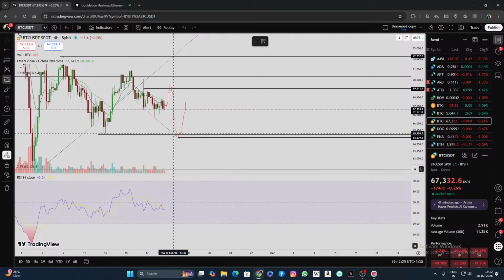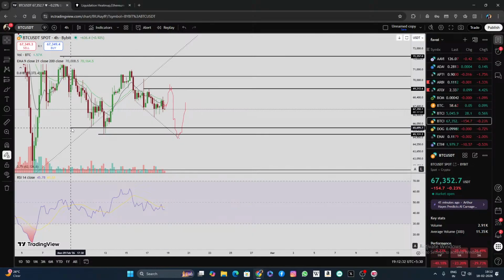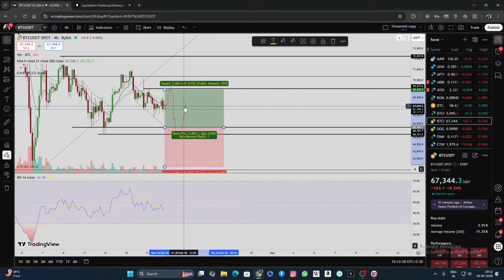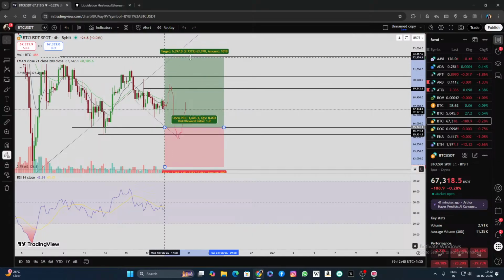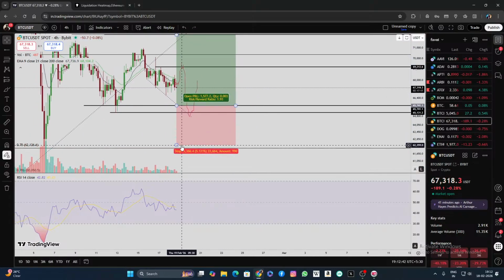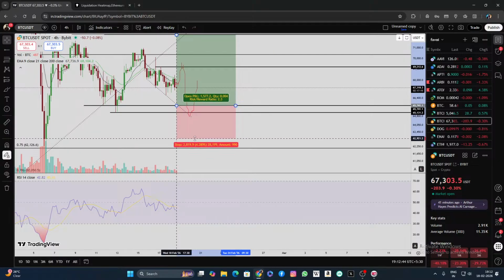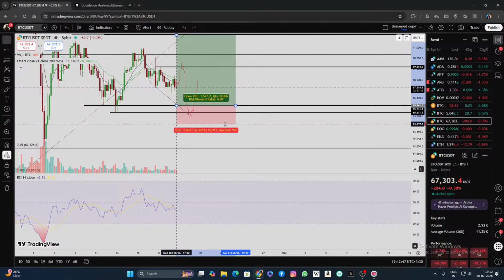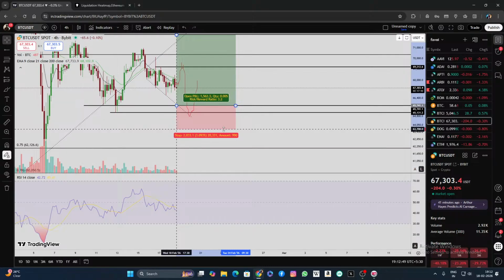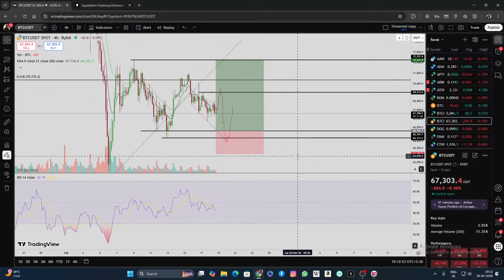So my limit would be this. Stop loss: I will put a 3% stop loss on it. So that would be our next trade on BTC.